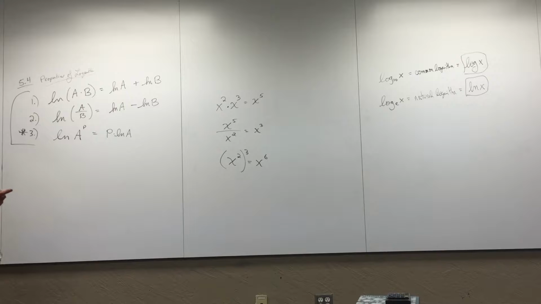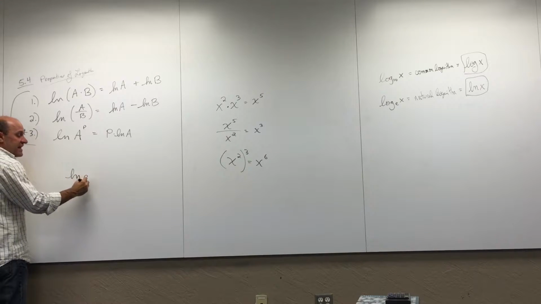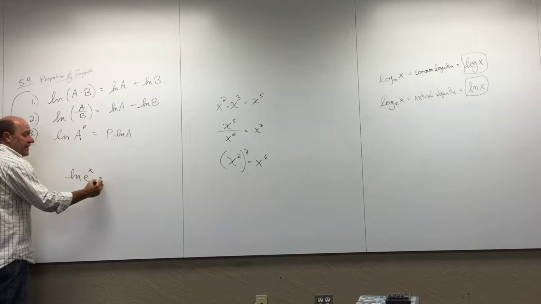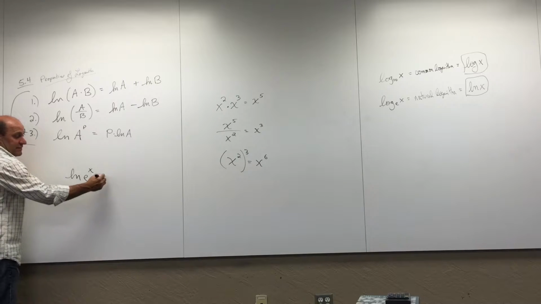But these logarithms are inverses of exponentials. They cancel each other out. I taught you that last week, actually. If you have the ln of e to the x, the ln and the e cancel each other out, and you get x.